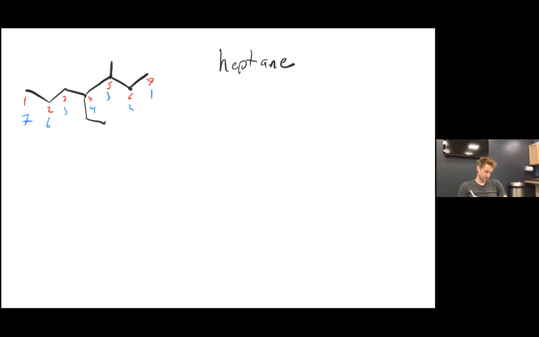To determine which direction we want to go, you're going to add your 2 substituents numbers together. So in the red pathway, we have something on 4 and something on 5. So that gives us a total of 9. On the blue pathway, we have something on 3 plus something on 4, total of 7. 7 is a lower number, so we're going to go with that.